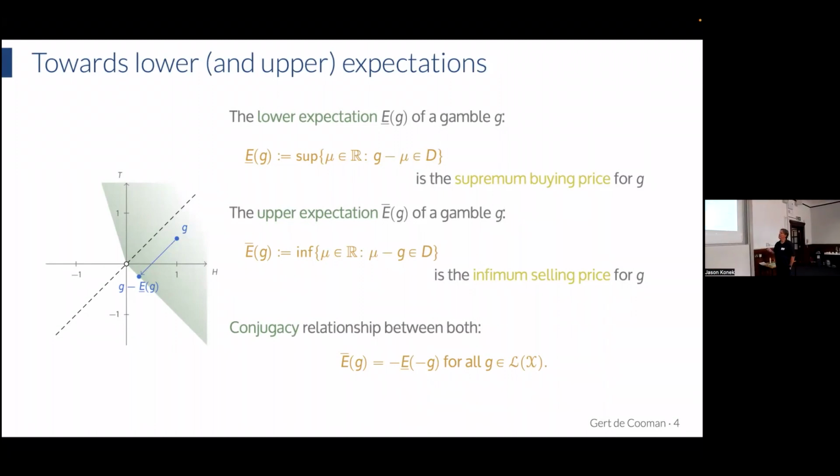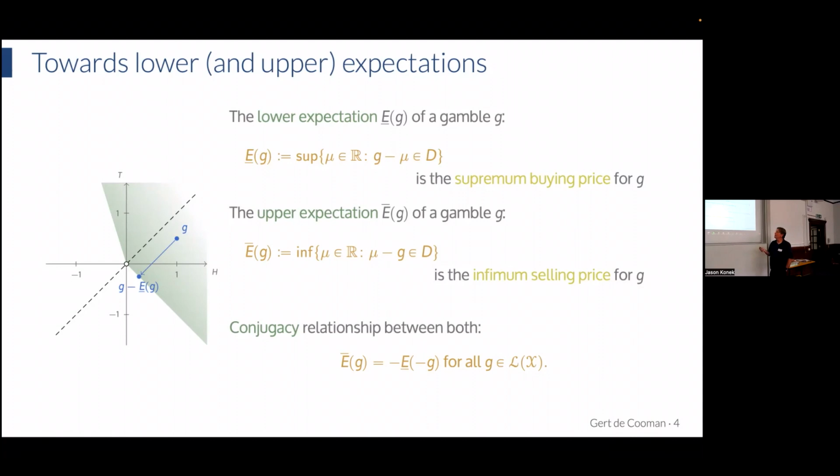So the idea is that the lower expectation of a gamble will be the supremum price mu that you are willing to pay in order to buy the gamble G. So G minus mu is the transaction or the reward function for buying the gamble G in return for a fixed amount of utility mu. That is desirable to you, so you're willing to do that. And we're looking at the supremum mu for which this happens. This is your lower expectation.